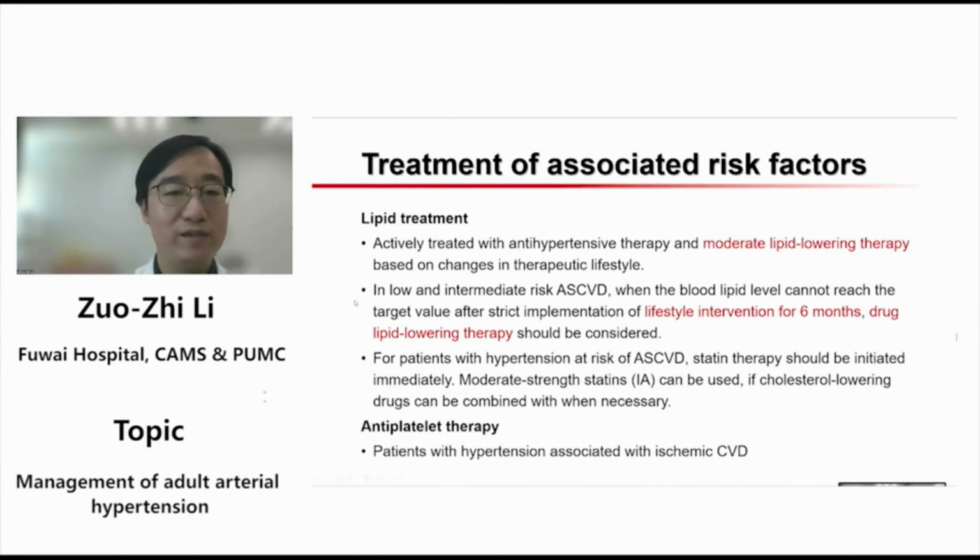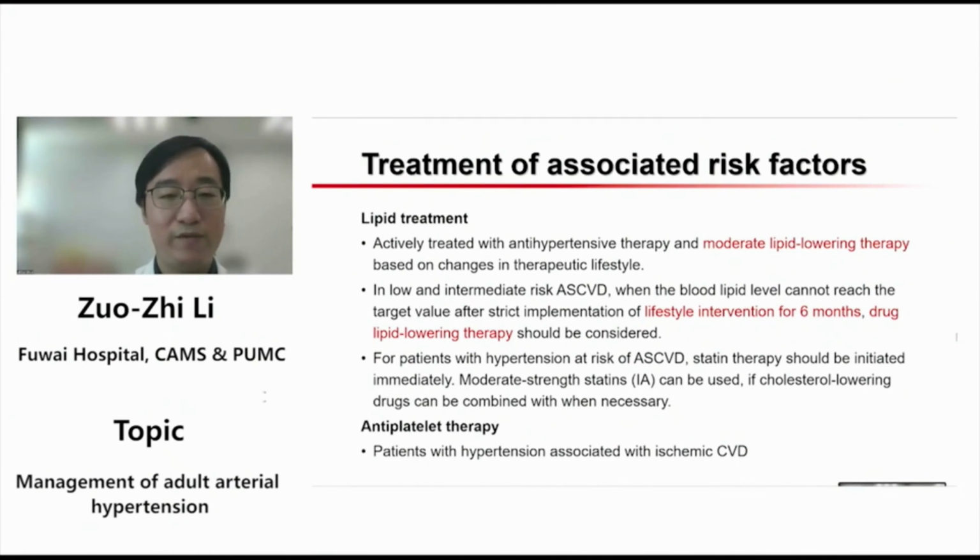In low to intermediate risk ASCVD, when blood lipid levels cannot reach the target value after the strict implementation of lifestyle interventions for 6 months, then drug lipid lowering therapy should be considered. For patients with hypertension at a risk of ASCVD, statin therapy should be initiated immediately.